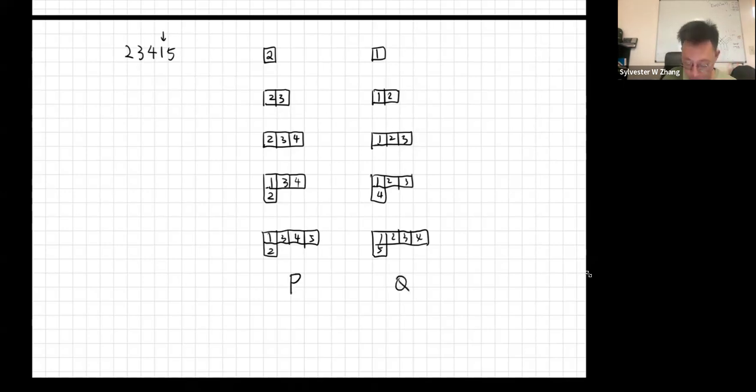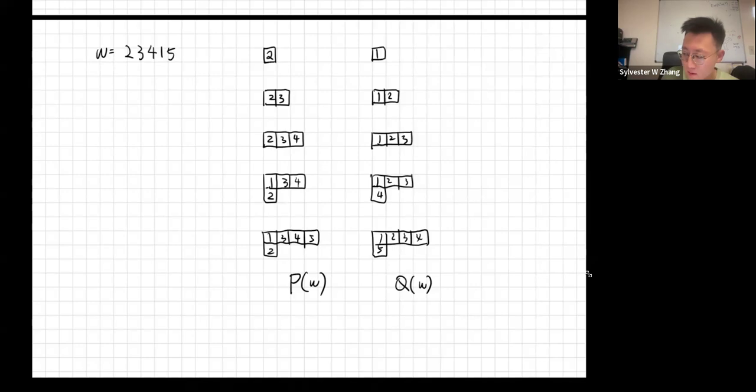The first tableau is usually called the P tableau or the insertion tableau, and the other tableau is called the recording tableau or the Q tableau. So this is the definition. If you're not familiar with this definition, that's okay, because we'll see a different one.